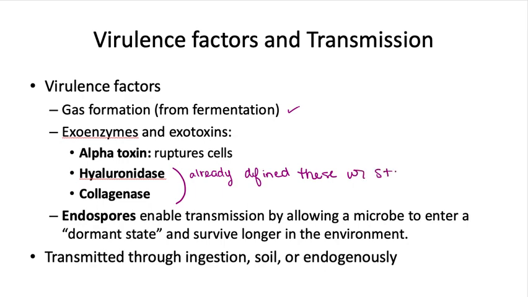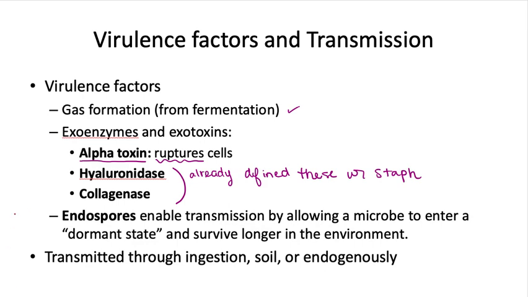Collagenase digests collagen, and both of these are connective tissue fibers that are found in the skin. And Clostridium perfringens also has an alpha toxin, which is similar to a hemolysin. It is a toxin that has an effect on the cell membrane, and it results in the cell lysing or rupturing. So that it has a very damaging effect.